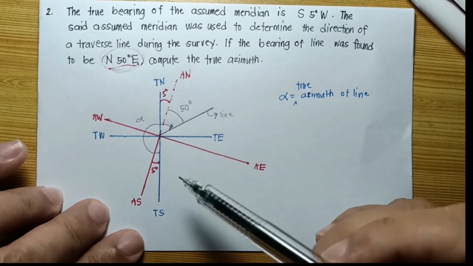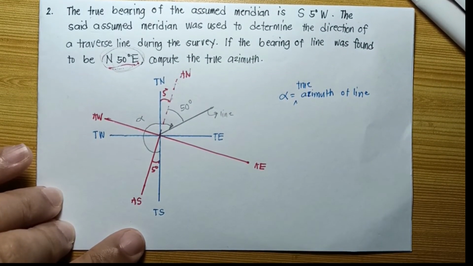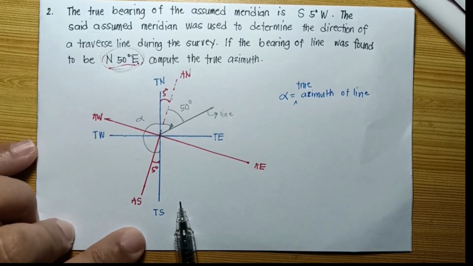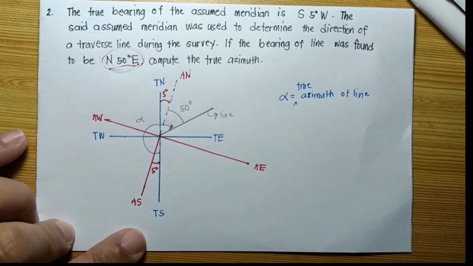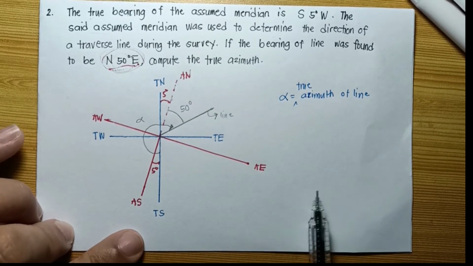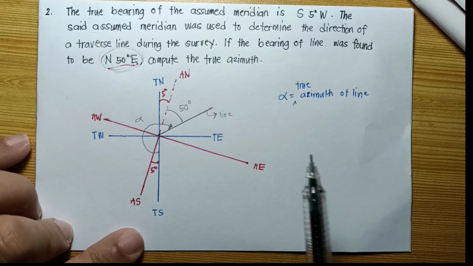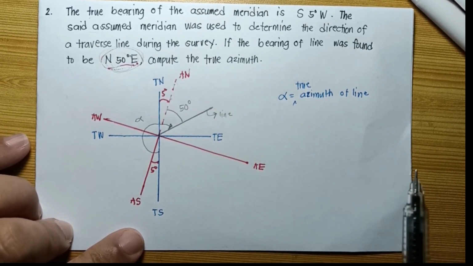Now, if you use this illustration and directly solve the azimuth, it would be difficult because you will involve several angles. So if you are asked to compute azimuth, I always advise computing the bearing first, and then from the bearing you compute the azimuth.